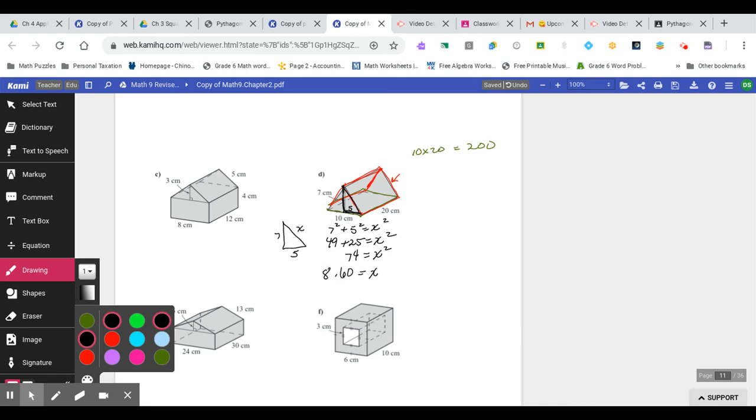Okay, I would strongly suggest that you take your square roots. I took the square root of both of these, right? Take your square roots to at least 2 decimal places so you don't have any mistakes there. Okay, so that's 8.60.